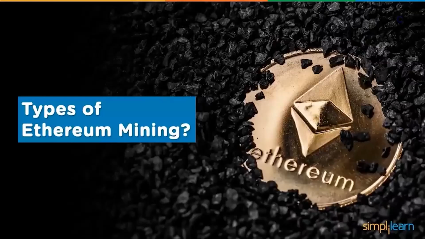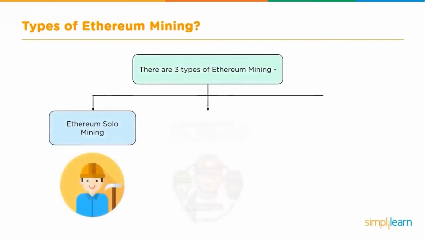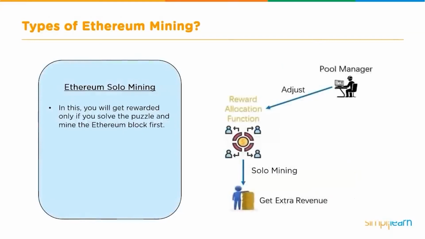So, what are the types of Ethereum mining? Ethereum mining can be performed in three ways: Ethereum solo mining, Ethereum pool mining, and Ethereum cloud mining. In Ethereum solo mining, you will get rewarded only if you solve the puzzle and mine the Ethereum block first.